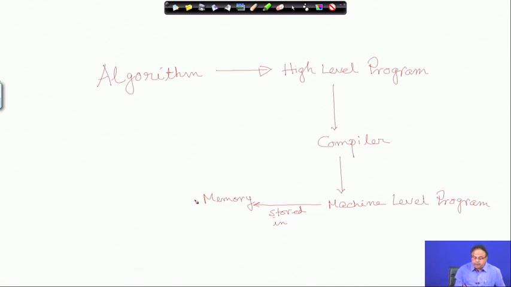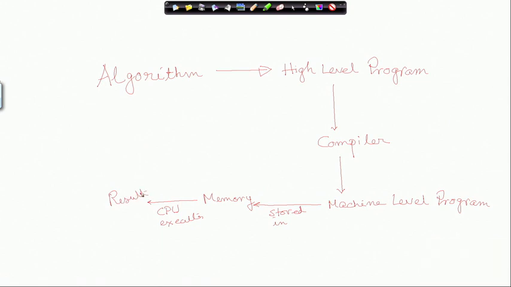Now, from the memory, the CPU executes it, and we get the desired result. So, that is the overall flow of the whole thing, right.